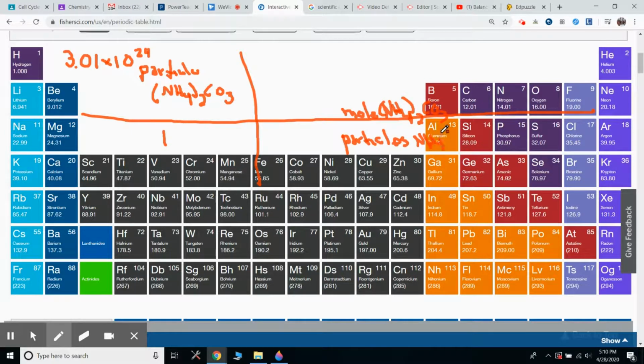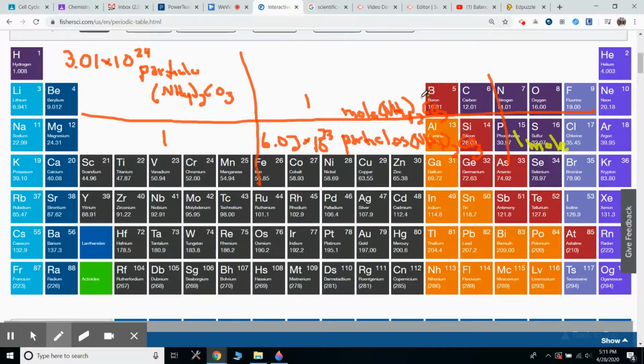The label's important here. It's going to become even more important as we move along and learn even more about stoichiometry. Now, of course, if I have 1 mole of ammonium carbonate, I have 6.02 times 10 to the 23rd particles. I'm going to change the color of my marker so it becomes a little bit more clear, because I'm writing over my periodic table here.